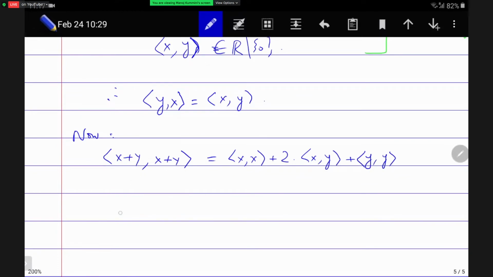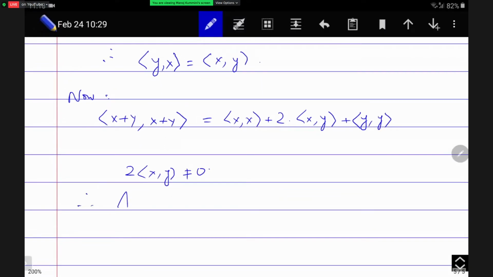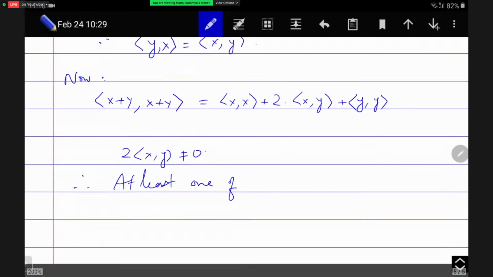So now what is the conclusion? Note that 2 times ⟨x,y⟩ is not 0. Therefore, at least one of the remaining three, ⟨x+y,x+y⟩, ⟨x,x⟩, ⟨y,y⟩, is non-zero, which is what we wanted to show.